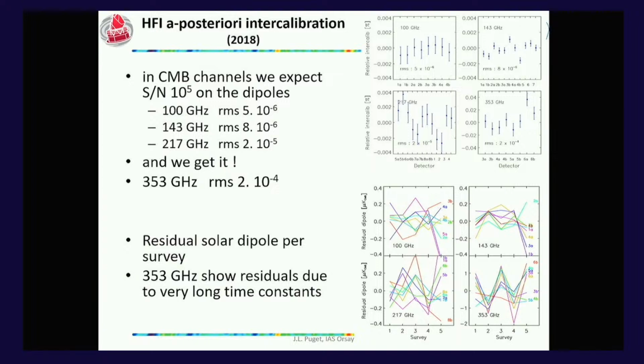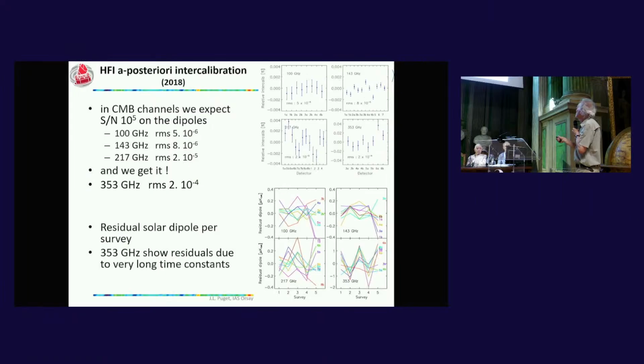The residual solar dipole per survey is basically noise for the 3 lower frequencies. And each survey is 6 months of the mission. What you see for 353 is this pattern between surveys.